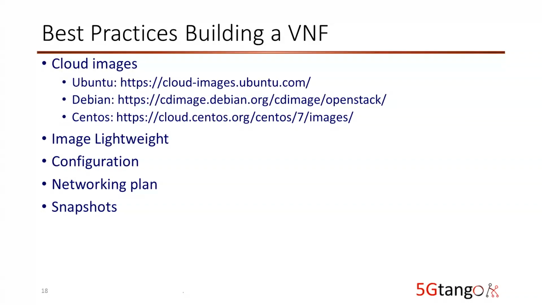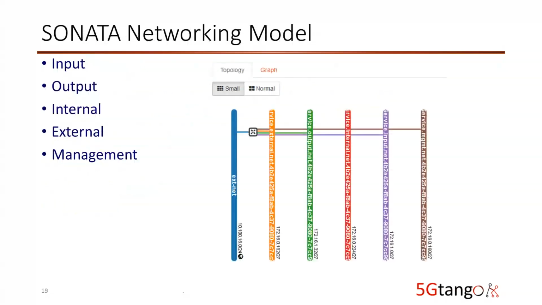The networking plan is very important because in Sonata we have networking limitations. So if you have a clear networking plan, you can design from the beginning how your network service will be, and then you could use the Sonata networking model to design it.